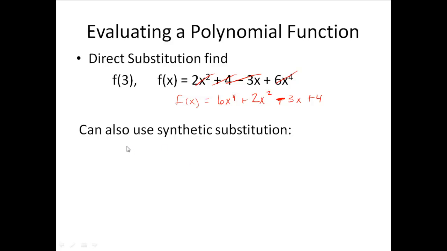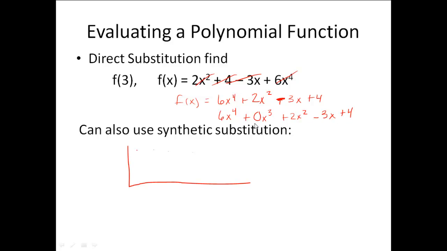Now for synthetic substitution, we set up kind of a bracket here, and across the top we put our coefficients. Now one thing you have to be aware of is for missing terms. So as I look back at my function, I have 6x to the 4th. I don't have any x cubes, so I would have 0 of those. And then everything else is present.